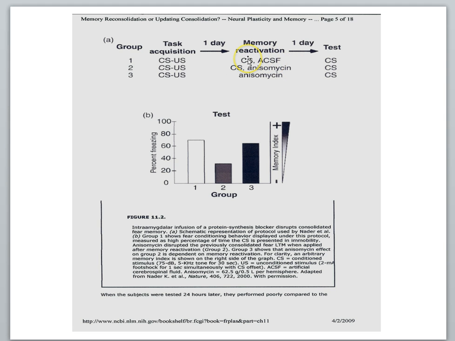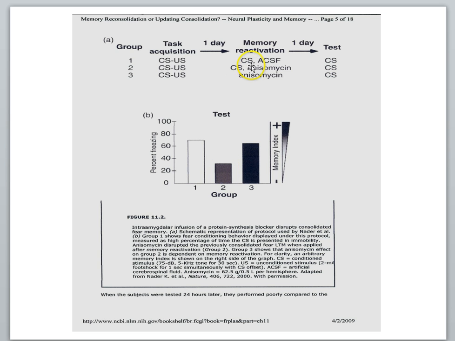Group 1, they're given a reminder and then tested. They have a good memory of the fear. Group 2, they're given a reminder and then a protein synthesis inhibitor, and they've lost some of the memory of the fear, right? So reduced freezing.